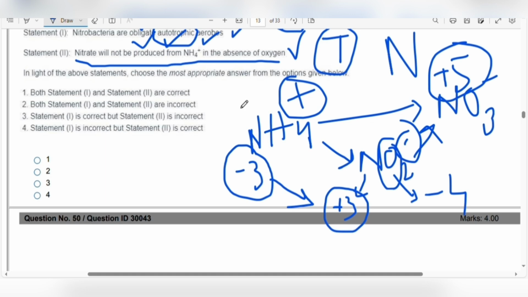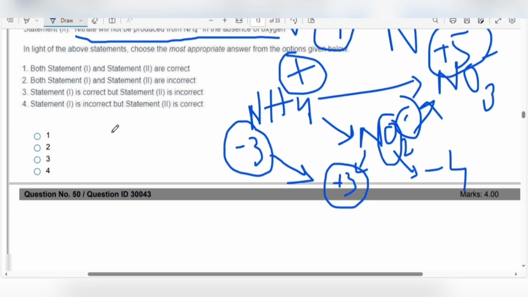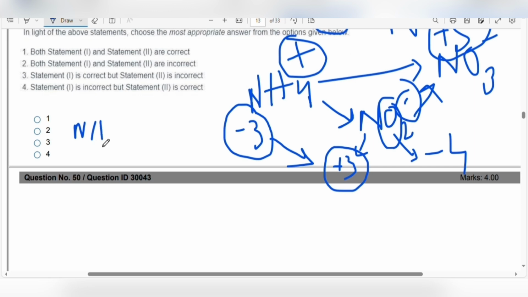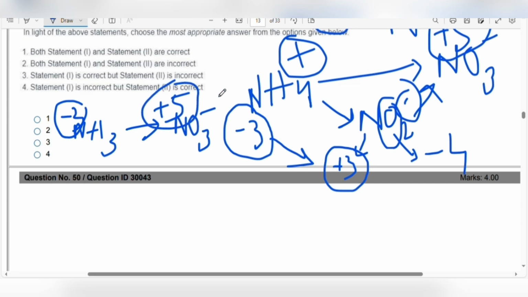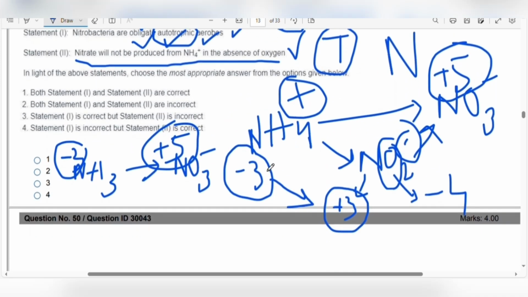You all know nitrogen has a very wide range of oxidation numbers, starting from NH3 where it is minus 3 to nitrate, the highest oxidation state, where it is plus 5. So the oxidation state of nitrogen ranges from minus 3 to plus 5. Here you can see oxidation is taking place and the oxidation number of nitrogen is increasing from minus 3 to plus 5.